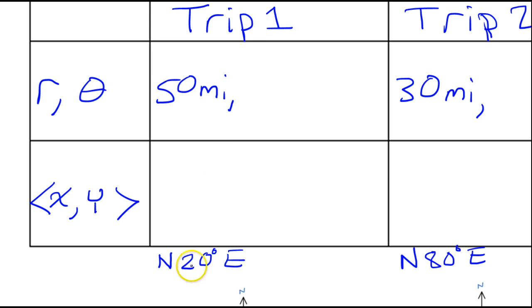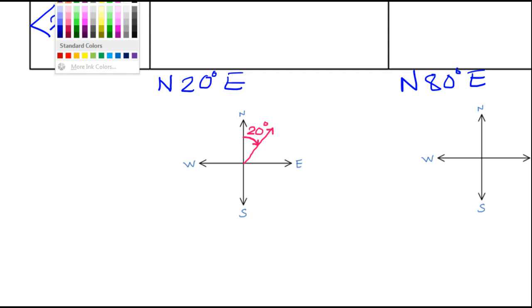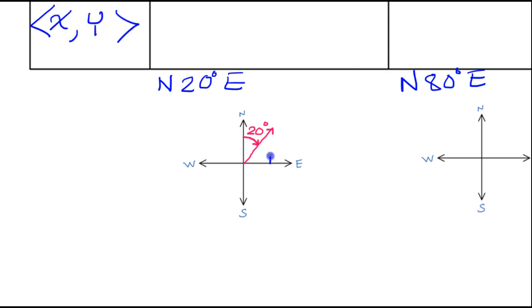For trip 1, we're told that the direction is north 20 degrees east. Now, what does that mean? North 20 degrees east means start at north and turn 20 degrees in the direction of east. So this is a 20-degree turn. So this vector is here. Now, for the chart, we need to describe the direction as a turn that starts from the positive x-axis and turns counterclockwise.